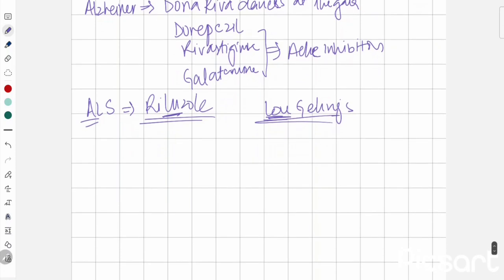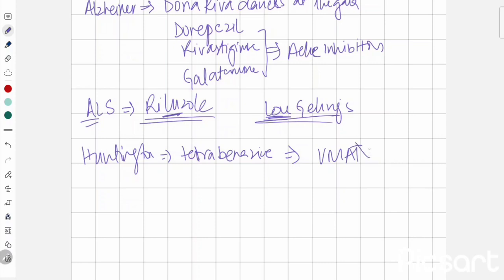Then for Huntington, you can give tetrabenazine, and tetrabenazine basically inhibits VMAT, a transporter that is going to decrease dopamine packaging. Okay, so it basically decreases dopamine, and you use it for Huntington's chorea, or you could also use it for tardive dyskinesia.